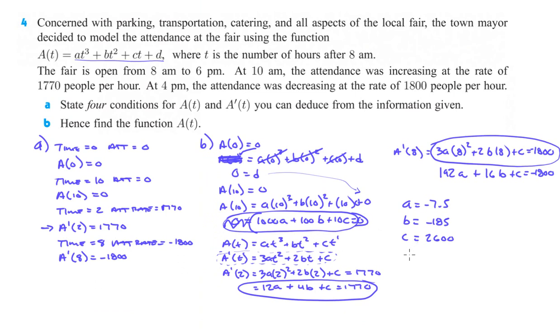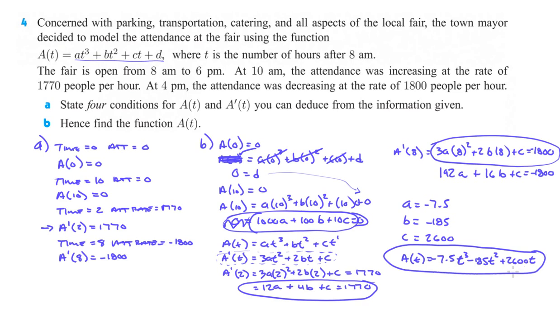That ends up giving us our function. If we replace A, B, and C, and we already replaced D with 0, that means A of t is going to equal negative 7.5t cubed minus 185t squared plus 2600t. That is our new function.